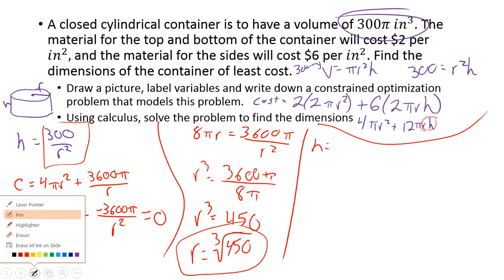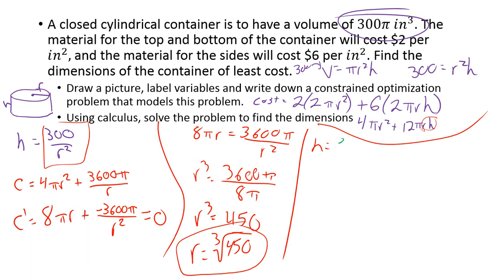Now we've got to find our h, which would be 300 all over the cube root of 450 squared. And then once we start simplifying it down, we end up finding out that this is basically as far as it can go. You could, if you wanted to, go to this right here.